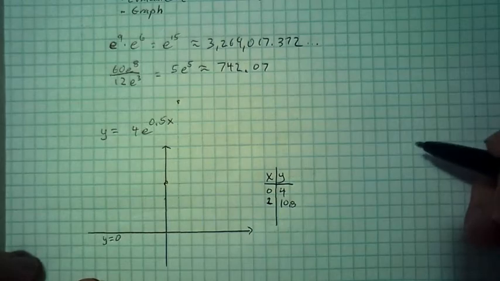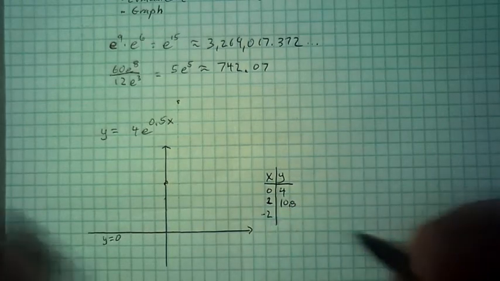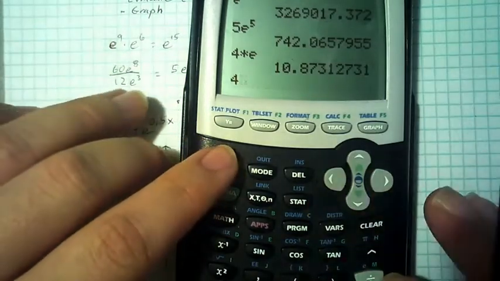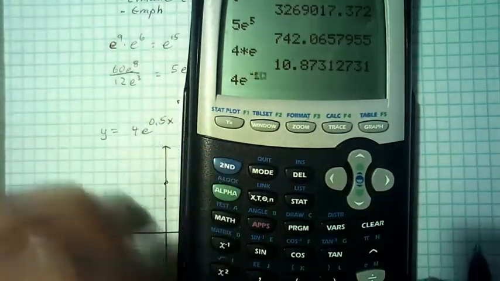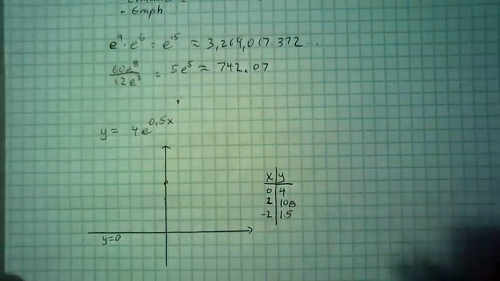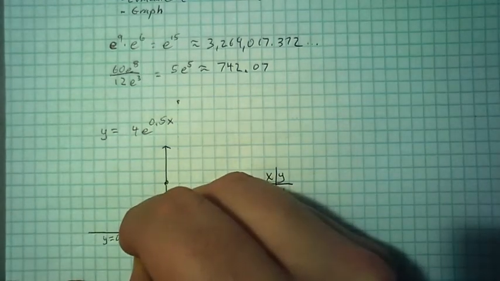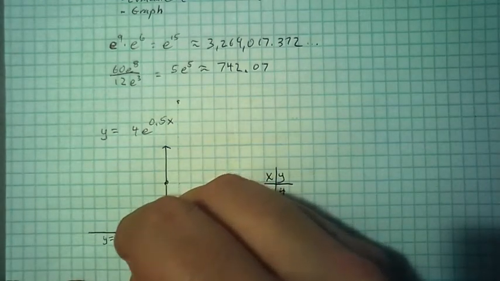I'm going to go above and beyond and also stick in -2, which will give me 4e to the -1 power, or 4 divided by e, which is 1.5. So -2, 1.5.